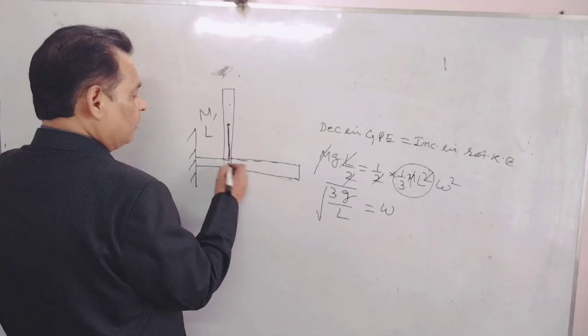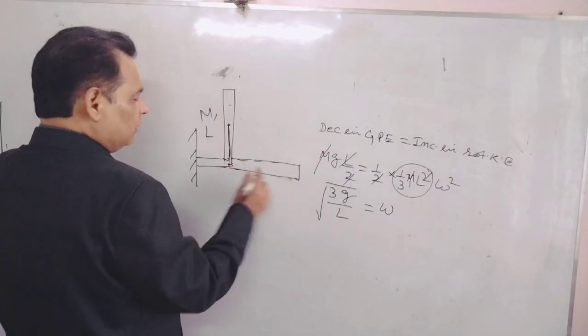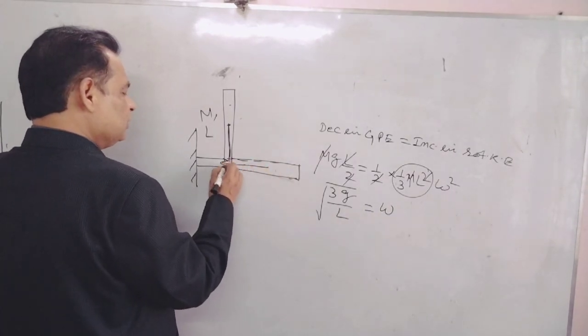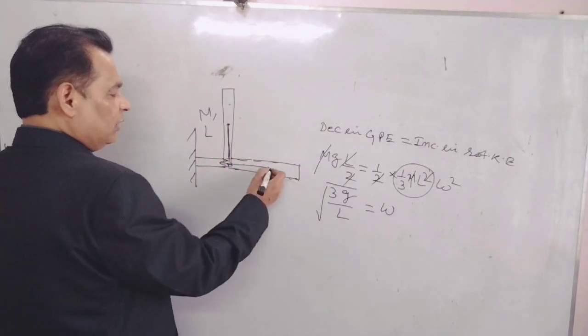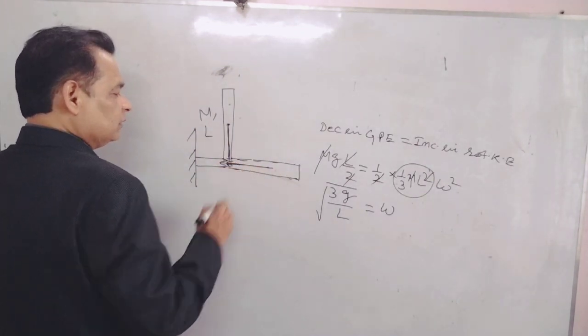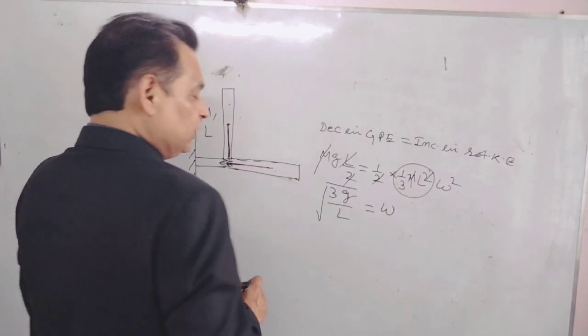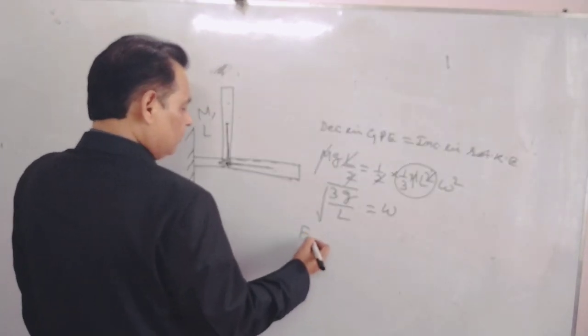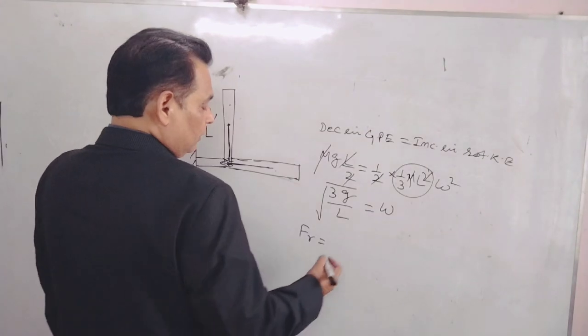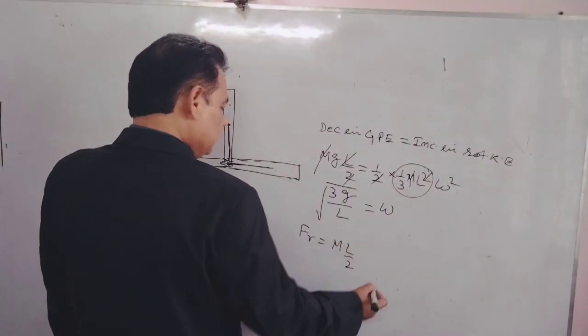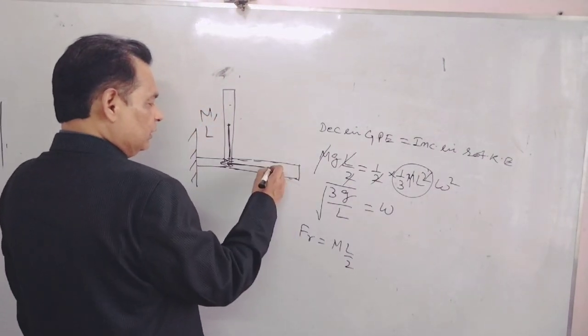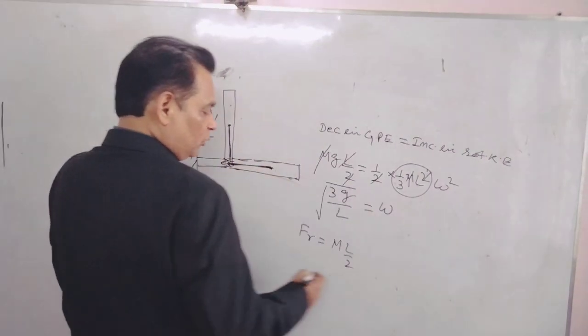After getting omega, know one thing: if it is rotating, there would be centripetal force in this direction. So the force applied by the pivot on this rod should be a force towards the axis, that is called radial force, Fr. That must be M r omega square, where r is L by 2, the radial distance of the center of mass.